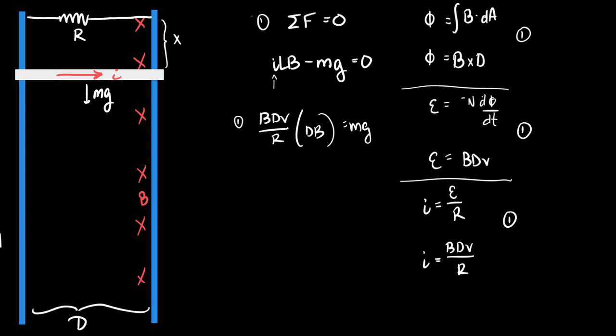Easily. You did solve this for V, right? So you get mg r over b squared d squared.